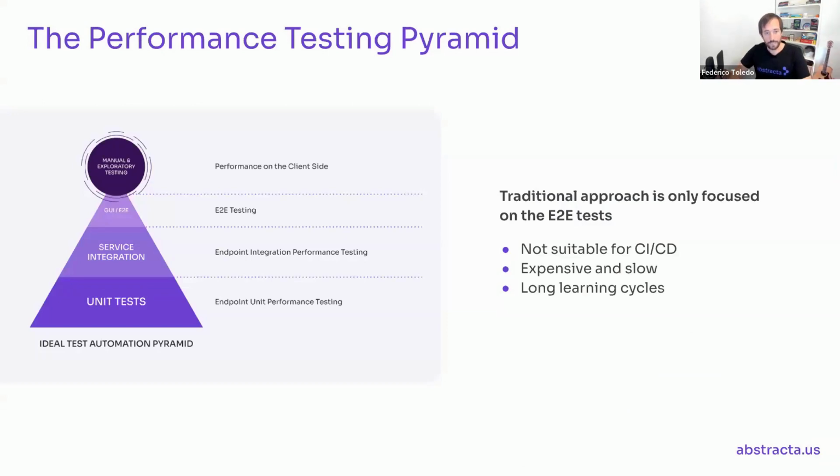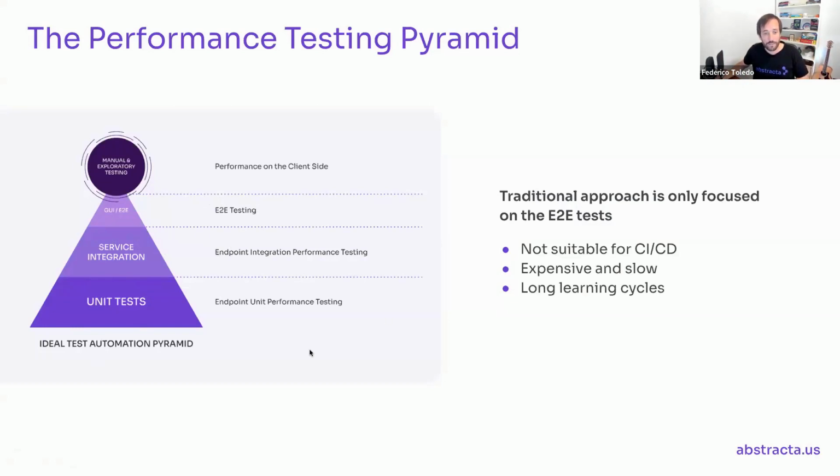Basically, what I did was to map different performance testing activities with the original test automation pyramid. What we just saw in the previous slide was the end-to-end performance test, which is doing the simulation, the performance testing project. Apart from this, I would say that this should be the smaller portion of the testing, right?